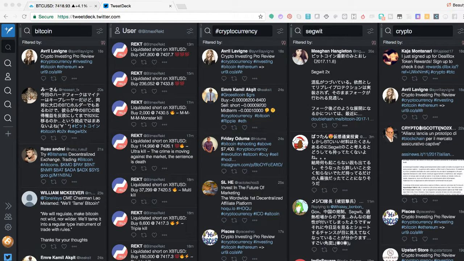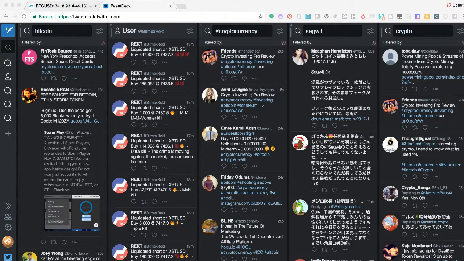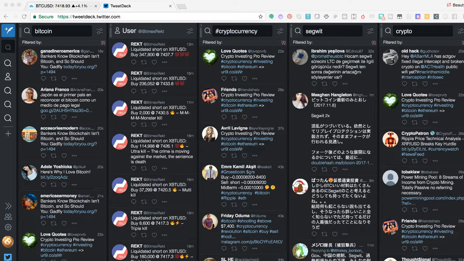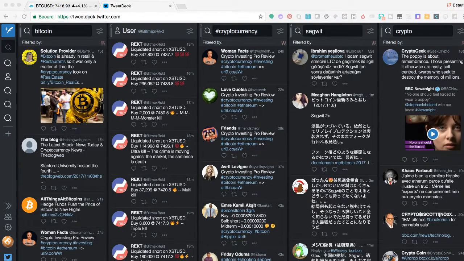In prior videos I talk about the tweet deck. I do change up the columns. I will be spending more time with the columns, adding and taking down, and I'd like to really discover more of the languages. I had some Chinese columns up a couple of weeks ago, and I think maybe exploring other languages might be a good thing in the tweet deck.